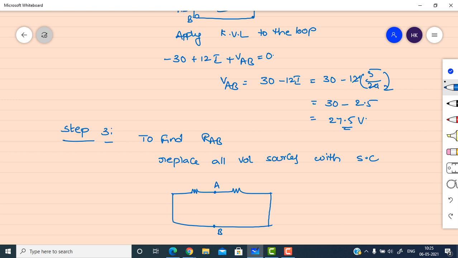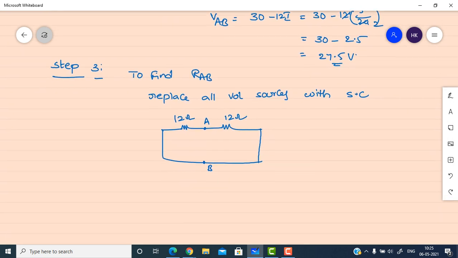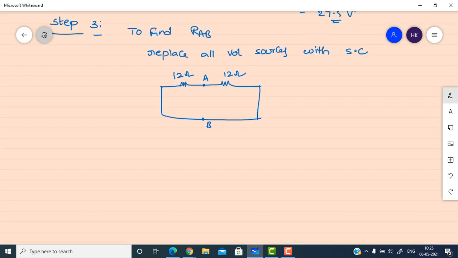Now tell me, these two resistors are in parallel or series? Between A and B terminals, we have to find out the equivalent resistance. Remember that one. This is RAB or RThevenin.